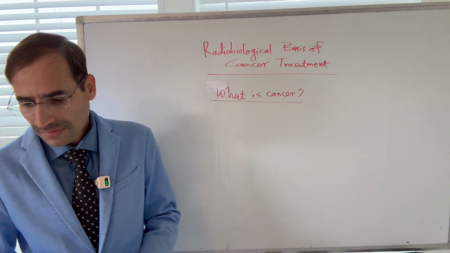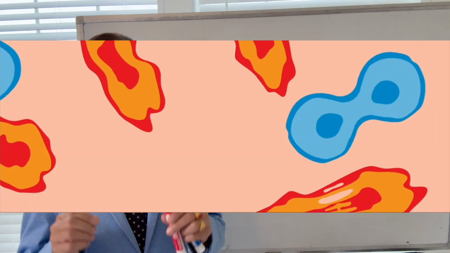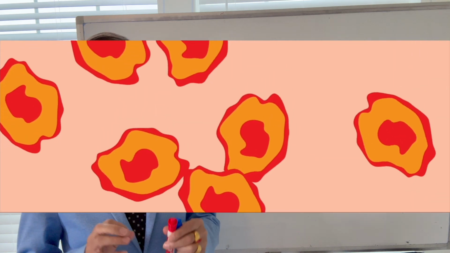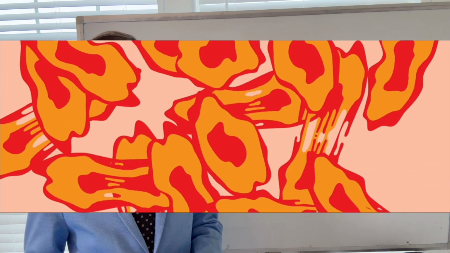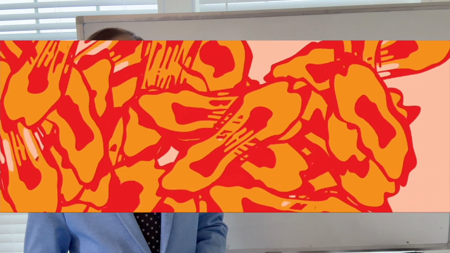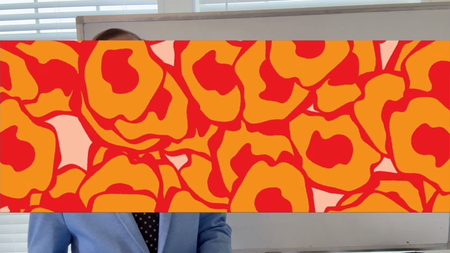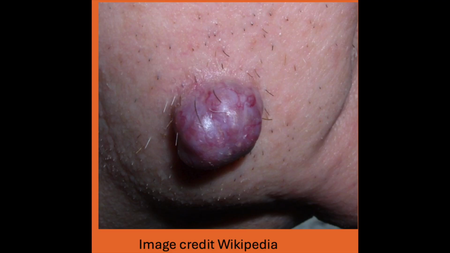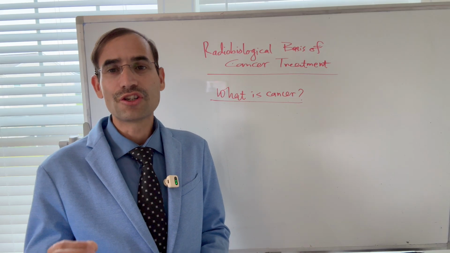When the cell fails to repair itself, it keeps dividing and dividing. Finally it forms a tumor, and that tumor grows and grows, which we call cancer. This is the solid kind of cancer tumor we are talking about.